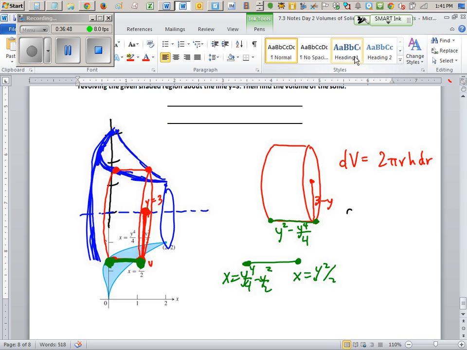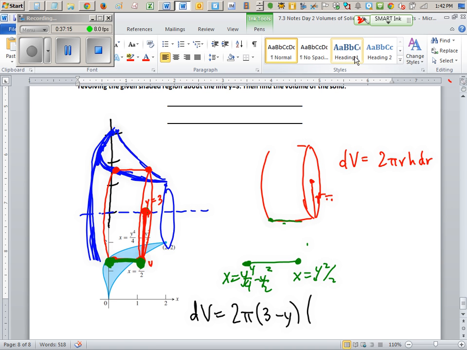We're ready to go. dV equals 2 pi, I need a little more space, I'll write it at the bottom. dV is 2 pi r h. Oops, I drew it up here in my picture. Just erased it all too.